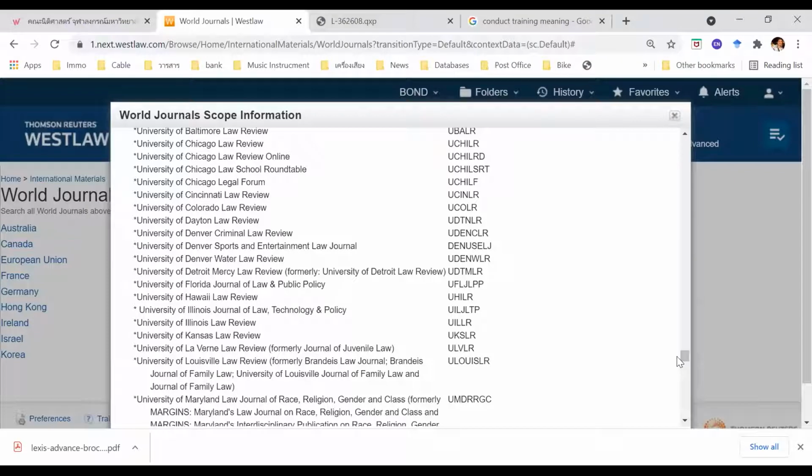Law reviews are mostly published by universities that have a faculty of law, the same as Jirawat University. The faculty of law has one journal or many journals in law and asks people to publish in them, not only on a specific topic in law.